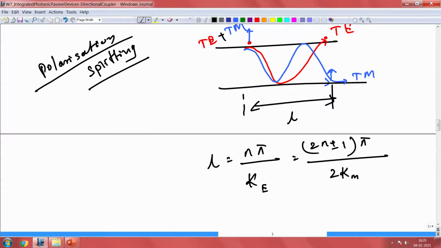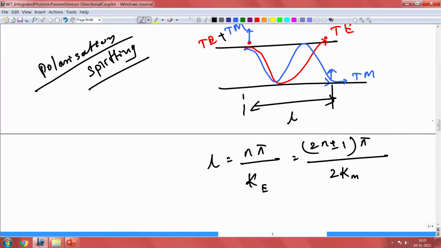The coupling coefficients kappa E and kappa m are for TE and TM waveguides. Even though these waveguides are symmetric, right, you will have two different couplings, because these are two different waveguide polarizations, right. So, two different solutions altogether, and that is why you need to make sure that this is there.